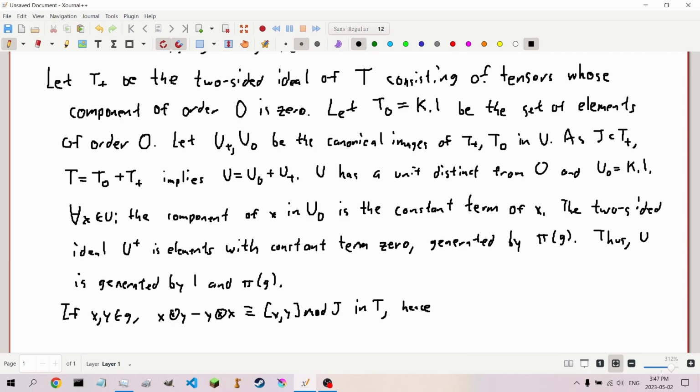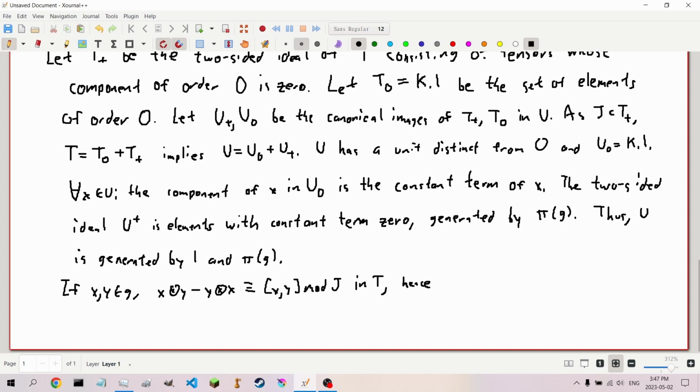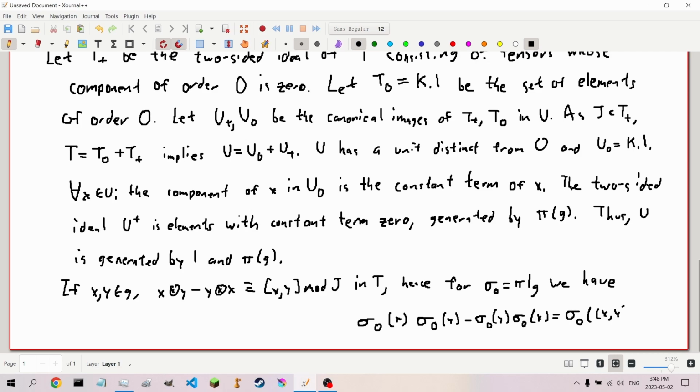Hence we get that, I don't want to write pi bar G every time, so sigma 0 equals pi bar G. We have, and this is going to make notation easier later on, sigma 0 of x, sigma 0 of y, minus vice versa, is sigma 0 of the bracket of x and y.